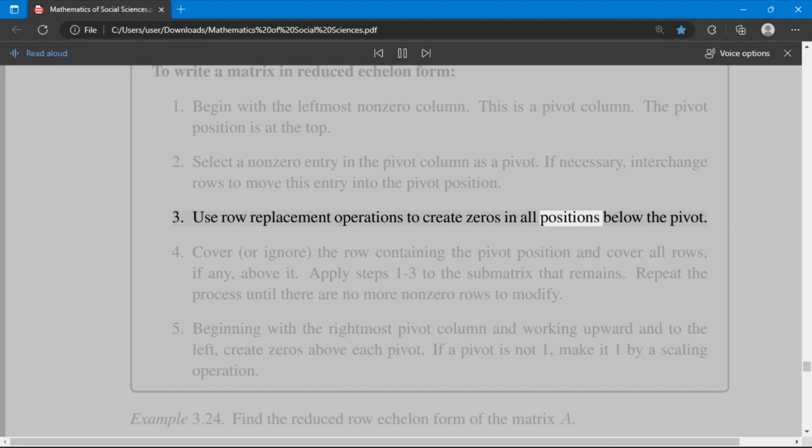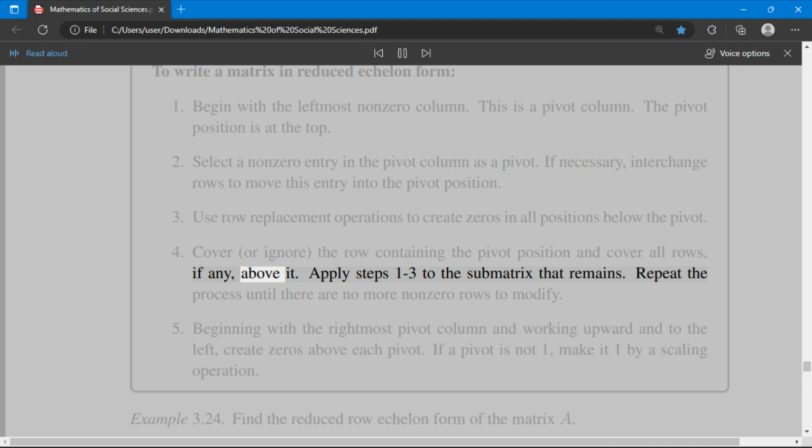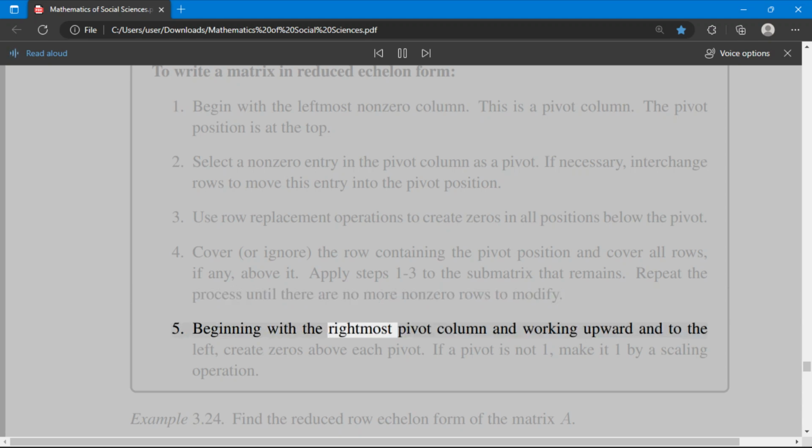Use row replacement operations to create zeros in all positions below the pivot. 4. Cover, or ignore, the row containing the pivot position and cover all rows, if any, above it. Apply steps 1 to 3 to the submatrix that remains. Repeat the process until there are no more non-zero rows to modify.